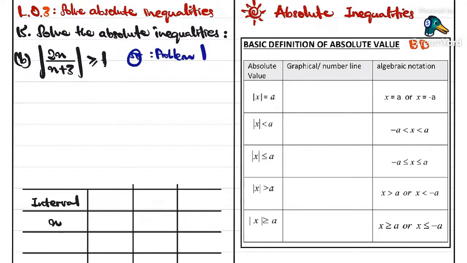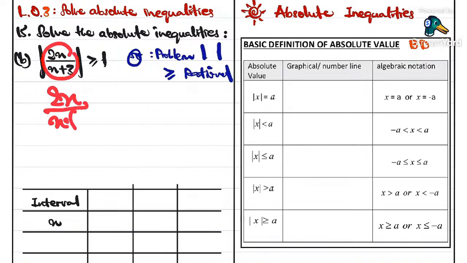You have a modulus sign, you have inequalities, and you have a rational. Apa yang maksud dia rational? Maksud rational adalah ini. Rational bermaksud 2x over x plus 3. This is rational because got ratio. Ada per bermaksud rational.